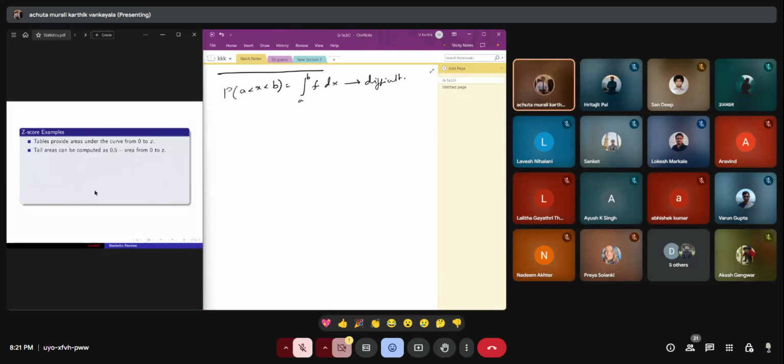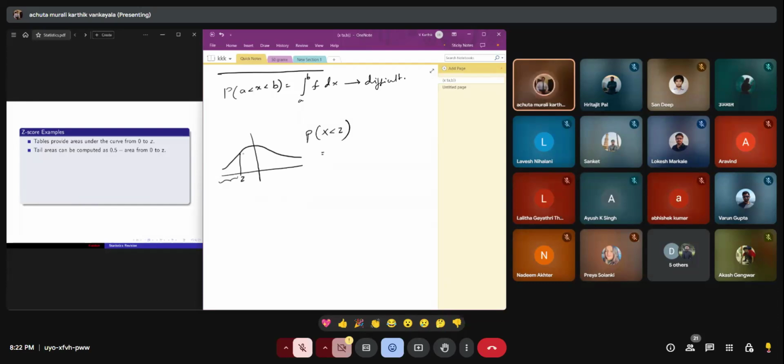Tails can be computed as 0.5 minus the area under the curve from 0 to z. If you think of this as your probability distribution, a PDF, and you want to calculate from here to here, suppose this is z, then you have the probability of x less than z.